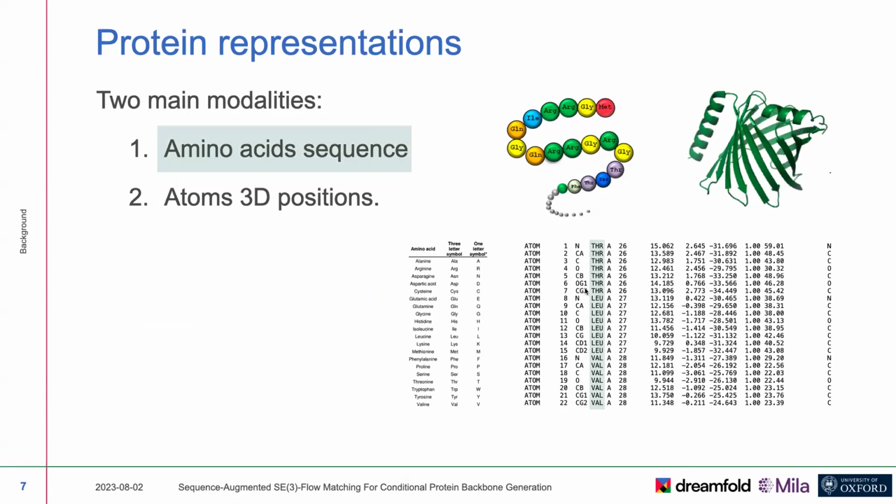So the amino acid sequence is represented here in this PDB file, and the atom 3D positions are represented here. Here we can see each residue. This one, for example, starts at residue 26. This residue has a few atoms, and for each atom, we have the 3D coordinates.